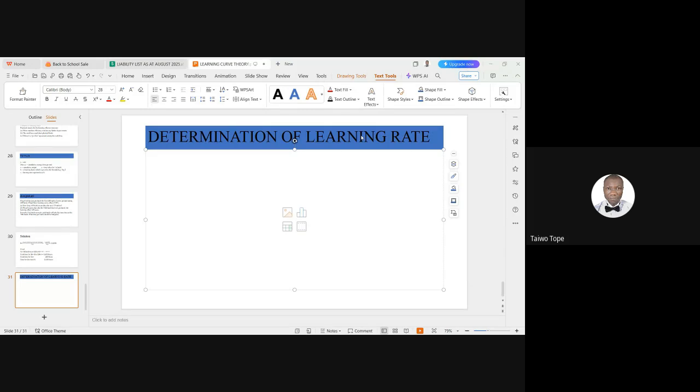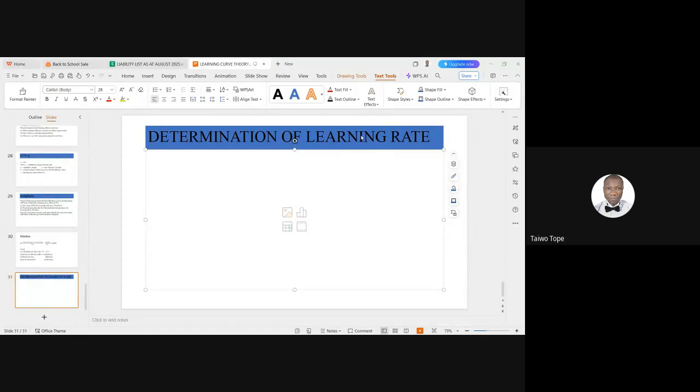So if you are using 2 hours on a task and now you are using 1 hour, if you are paying those workers daily, and you are paying them in hours, it means you pay less in terms of wages. So the learning rate shows the percentage by which the average time or cost per unit falls each time cumulative production doubles.